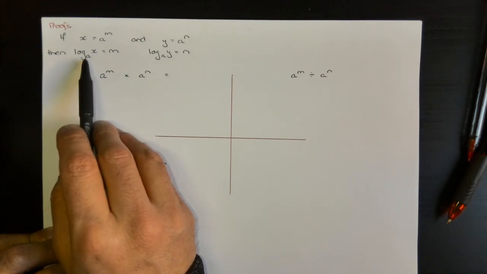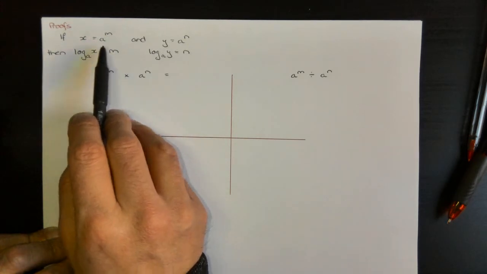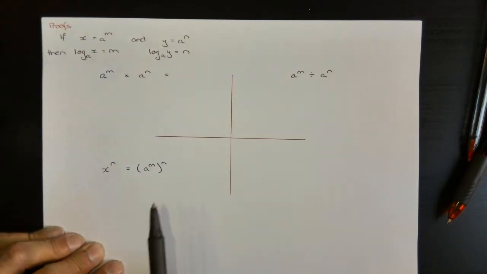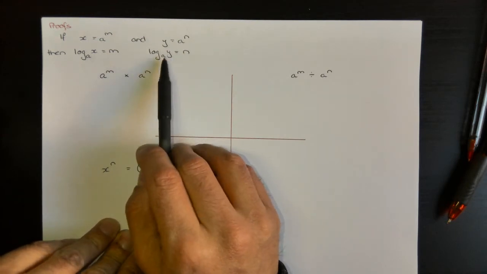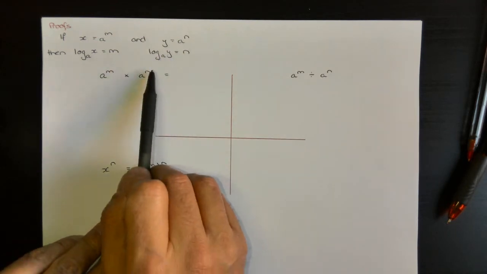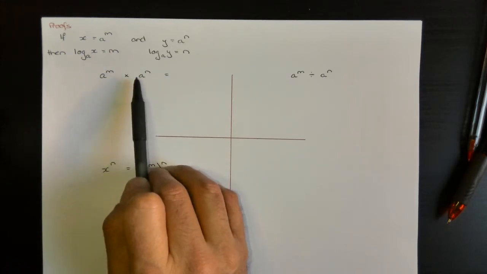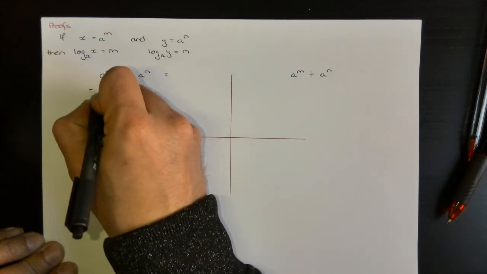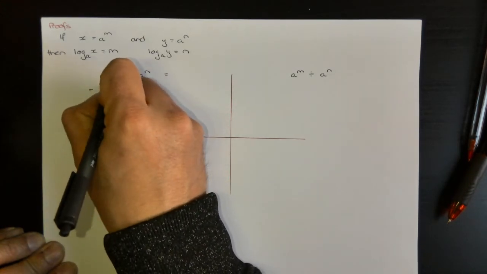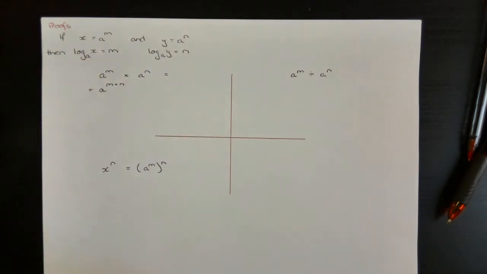There's your base, there's the index it's equal to, and your answer goes there. And so n is equal to log y base a. Now if you had a to the power of m times a to the power of n, that's going to be equal to a to the power of m plus n, where we add the powers.